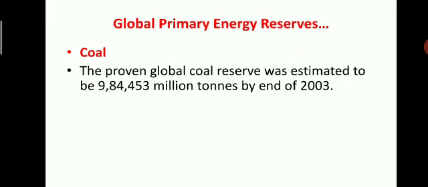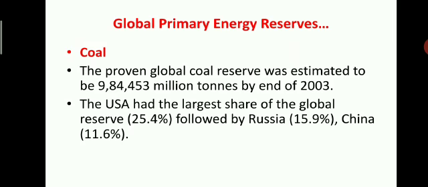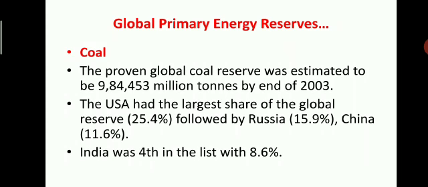The USA has the largest share of global reserve of coal, 25.4%, followed by Russia 15.9% and China 11.6%. So these are the coal reserves of these countries. India was fourth in the list with 8.6% coal reserves.